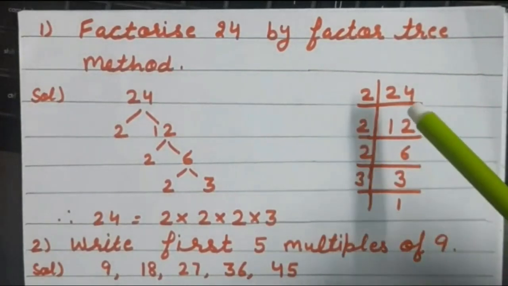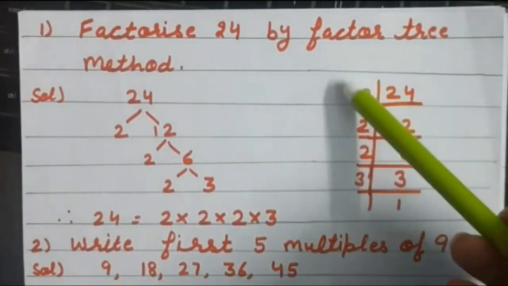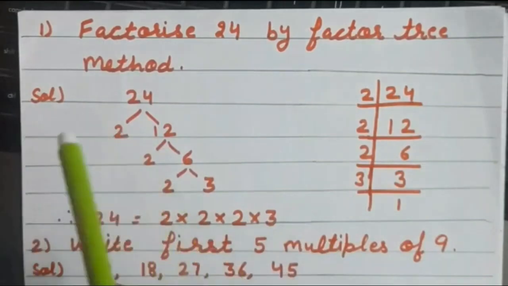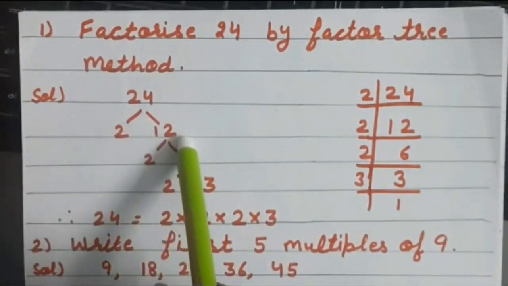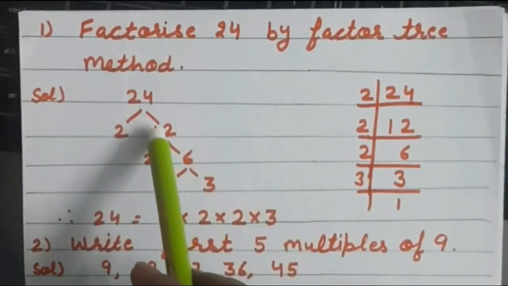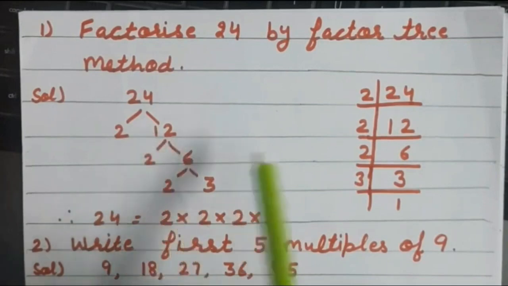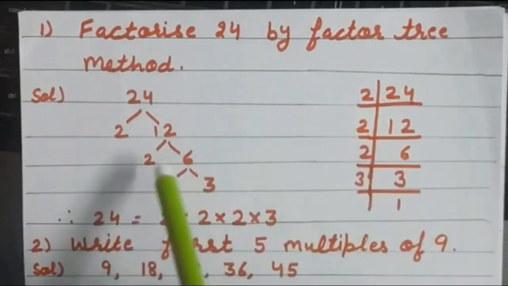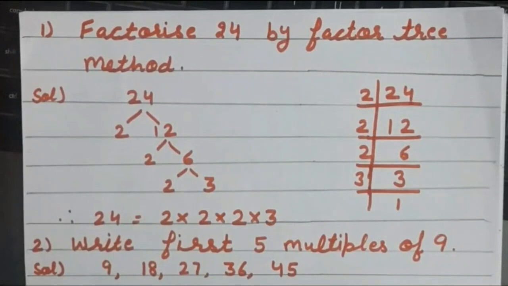So first pair of the factor is 2 into 12. Then 12 will again be broken into two factors, 2 into 6.